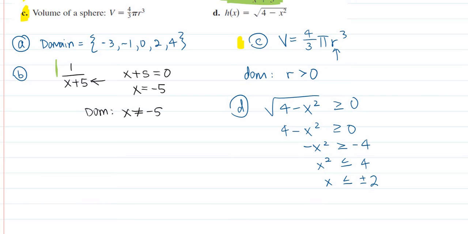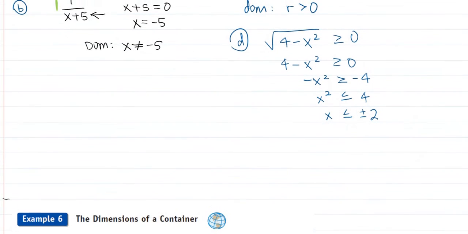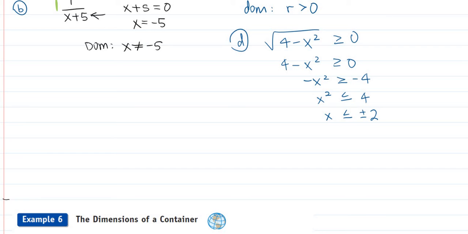So what do we do with that information? Now, this problem is a little bit more complicated just because we've got a quadratic inequality. We'll get to this later, but what ends up happening is you make a number line, you put negative 2 and positive 2 on the number line, and then you test values.